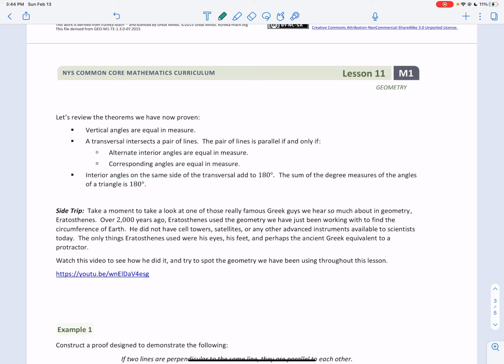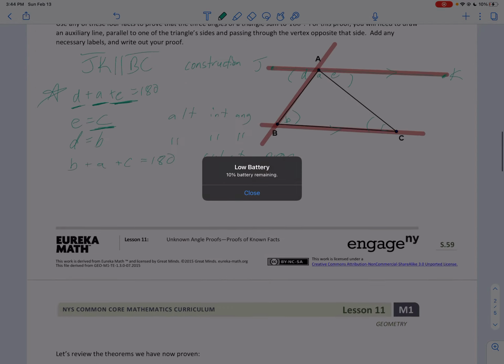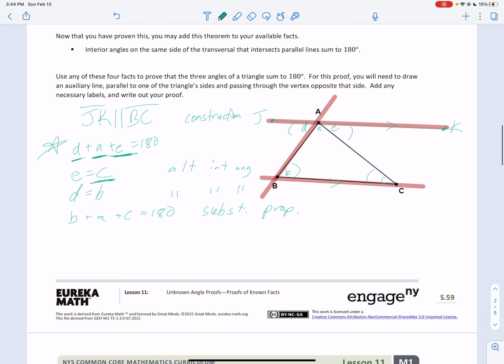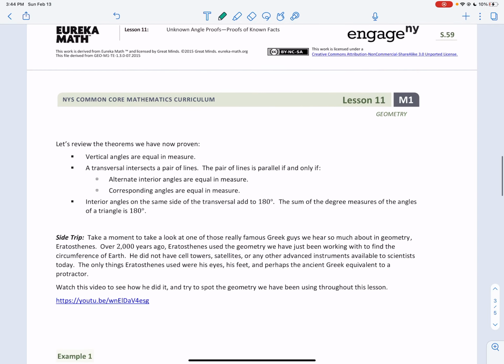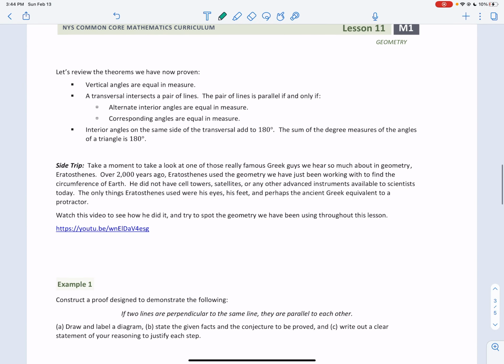So interior angles on the same side of the transversal add up to be 180. Remember, the interior angles would be these two angles. Exterior would be the ones on the outside on the same side. So those are same side interior angles. The sum of the degree measures is 180, and we proved that a little bit.